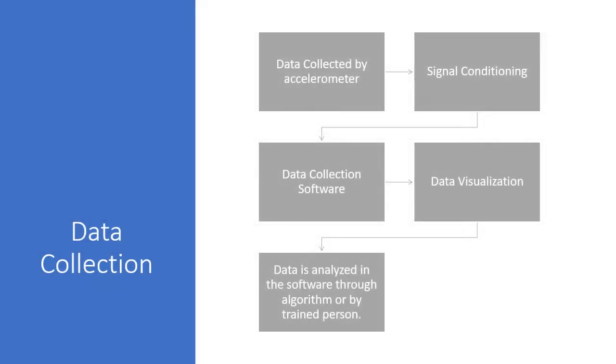So how is the data being collected? The data is collected through the accelerometer. In the accelerometer we get the data in the form of very low voltage, maybe at the millivolt level, which cannot be used further. So there is a signal conditioning circuit that converts it to volts.